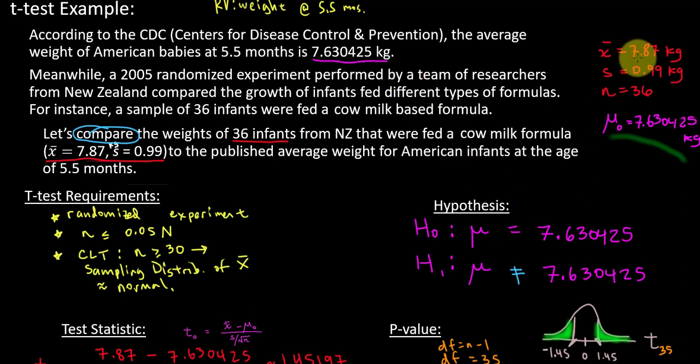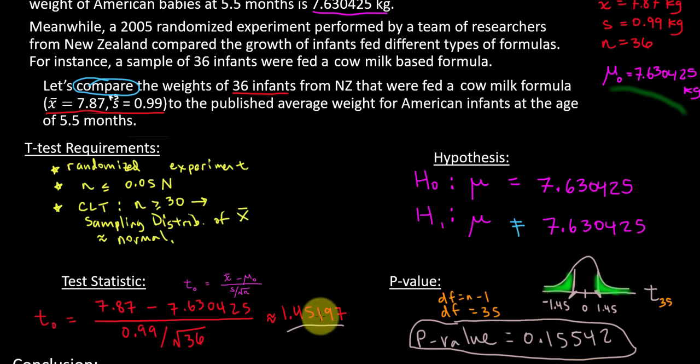Turns out the sample was not particularly different than that published value, which is why we got a test statistic which was not particularly large, which is why we got a p-value that was not particularly small. So our sample of 36 infants and their average weight was not that different.